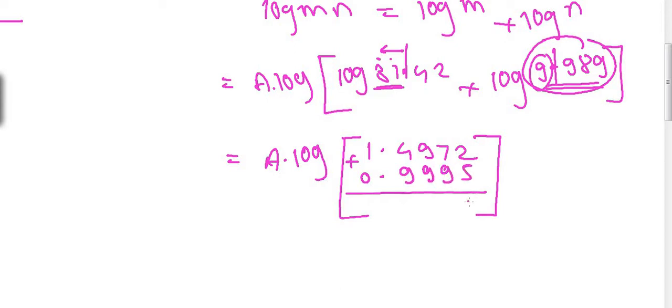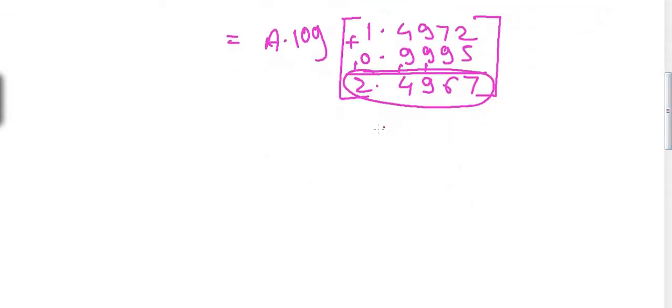So the log is 0.9995. Add these two: 5 plus 2 is 7, 7 plus 9 is 16, carry forward 1, 9 plus 1 is 10 plus 9 is 19, again carry 1, 9 plus 1 is 10 plus 4 is 14, again carry 1. So this is 2.4967. Let us find the anti-log of 2.4967. To find it, we group it as 0.49, 6 and 7.